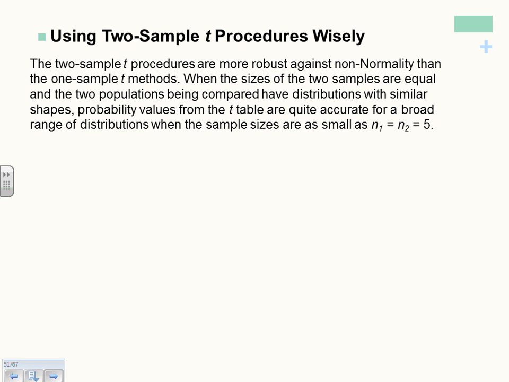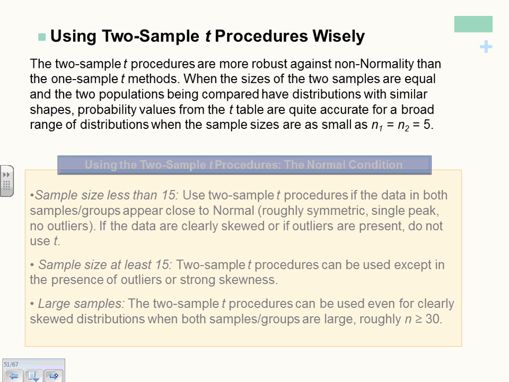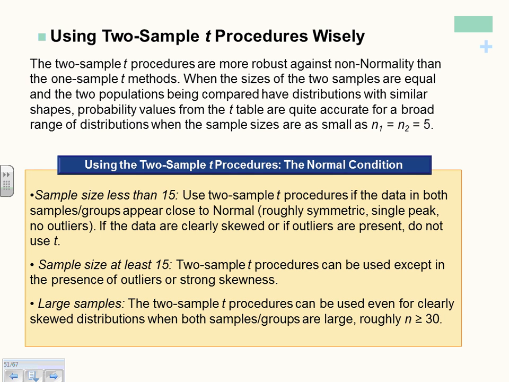All right, just some notes about using the two sample t procedures wisely. I'm going to let you read through these. If the data is really, really skewed or you have outliers, you should not use the t.